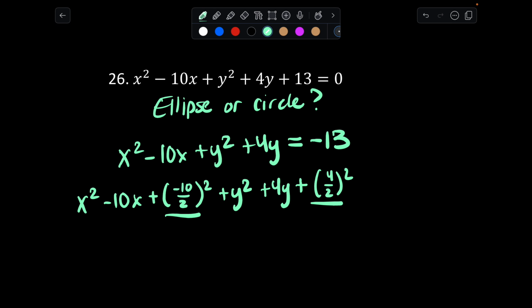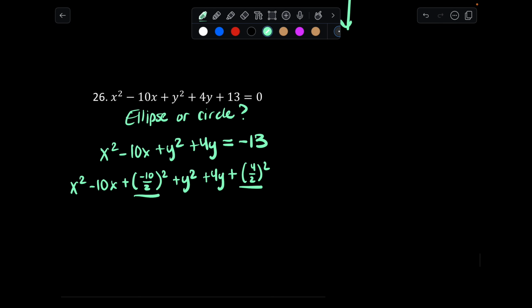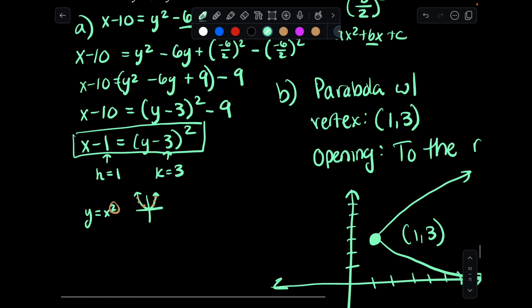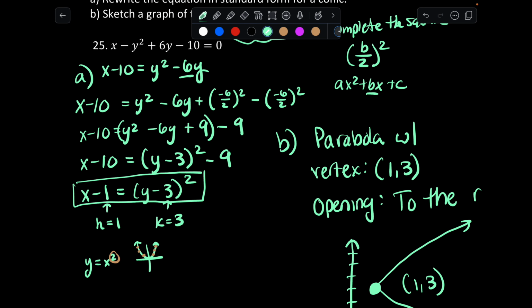So the reason why I'm keeping these two constants over here is because I need them in order to create the binomials to get it to standard form. On the right side, I have negative 13. And in order for me to keep this balanced, I'm going to add the negative 10 over 2 squared on the right side, and I'm going to add the 4 divided by 2 squared on the right side. Up here, we left it on the same side, but eventually we did move it to the other side. All right, so we could have added it to both sides and get the same effect.